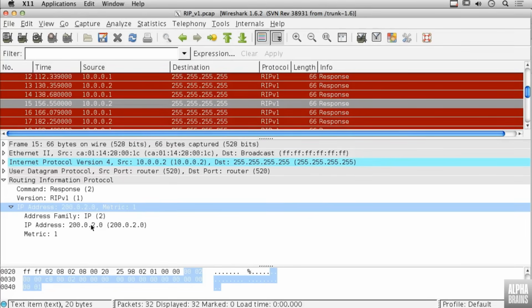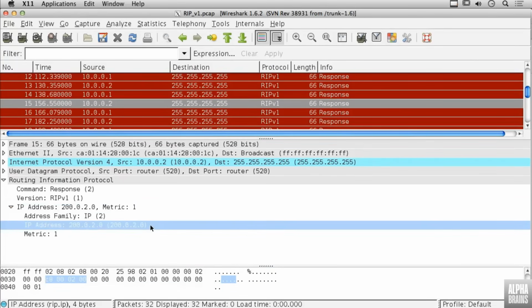Now, in this case, what RIP would assume would be the network mask for this particular IP address would be 255.255.255.0 or 24 bits of network mask. Again, RIP doesn't have the capability of doing classless addresses.